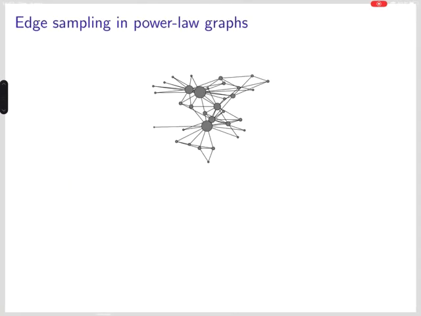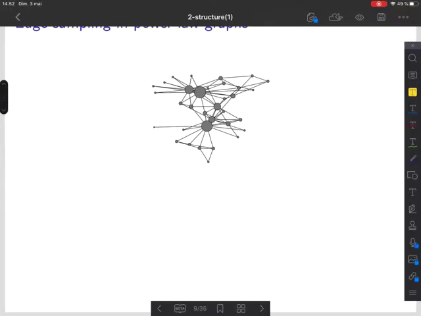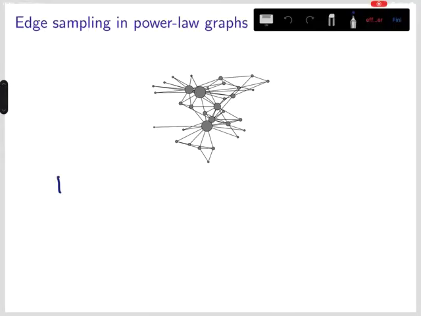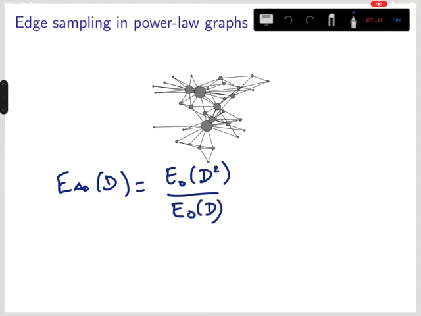Now, what happens with the power law graph? Well, here the story is very different. If you compute the expected degree through edge sampling, we've seen that this is related to the second moment of the empirical degree distribution, and this can be written as follows.